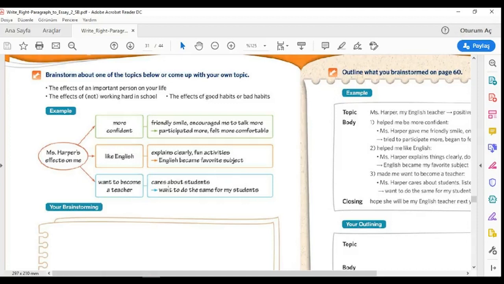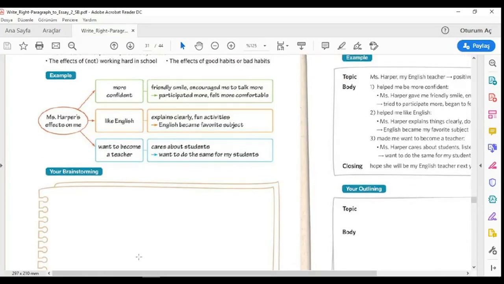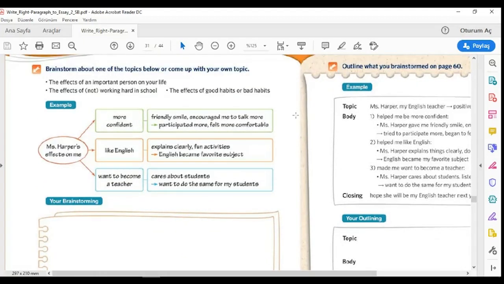It's because I want to care about students the way she did, and I want to do the same for my students. Okay, so exactly like this, but with your own ideas, you will place over here, or you will place in your own notebook. You can start with that now. I will give you 5 minutes.